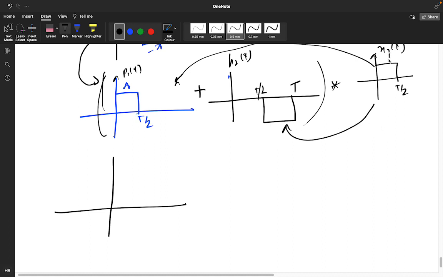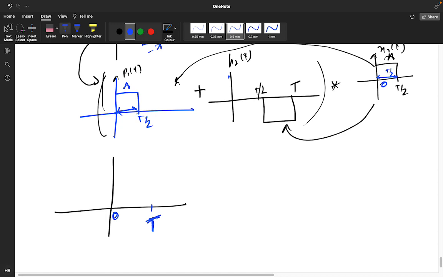This particular one is a. So what will happen? 0, 0. Width is same only, t by 2. So 0, 0. T by 2 plus t by 2, t will come.